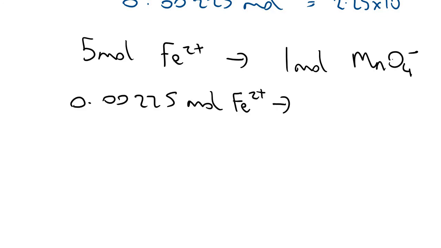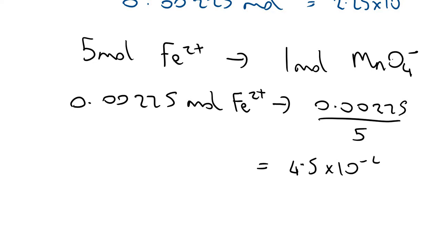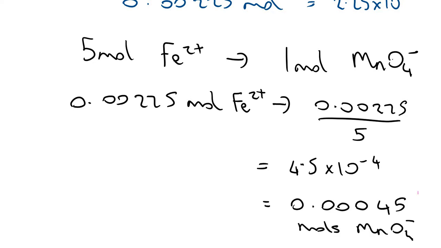So if 5 forms 1, then this will form 1/5. It's going to be 0.00225 divided by 5, which equals 4.5 by 10 to the minus 4, which is just 0.00045.